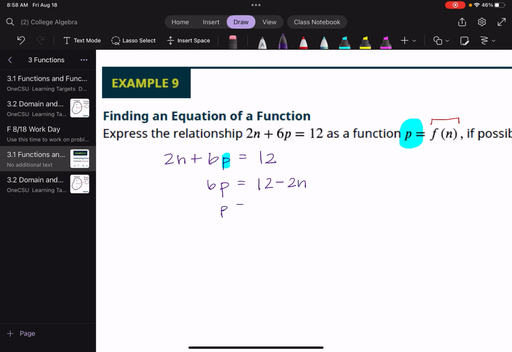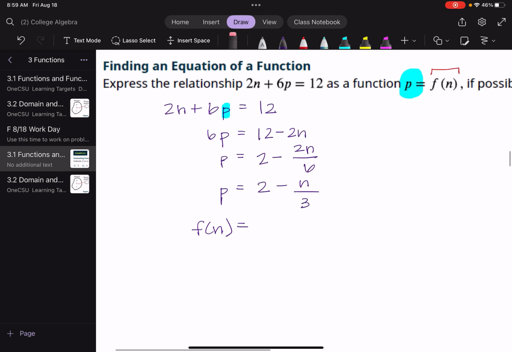And then we will divide everything by 6. So 12 divided by 6 is 2 minus 2n over 6. And that simplifies a little further to n over 3. And so p is f of n. This is just different notation for the output of the function. So that's 2 minus n over 3.